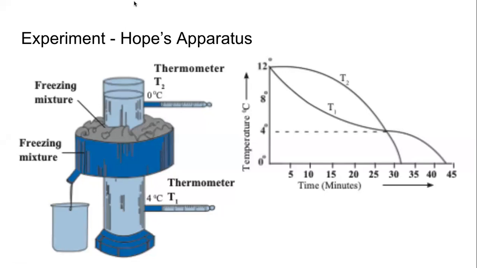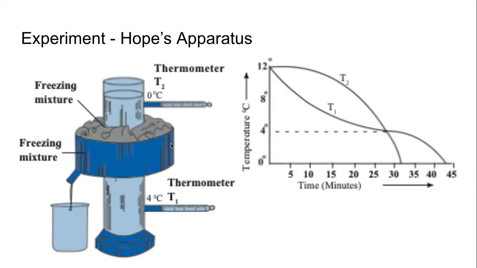It has a cylindrical body. It's a long beaker, and it has a container around that cylinder. And it has 2 points where thermometers can be inserted into the cylindrical beaker to measure the temperature.